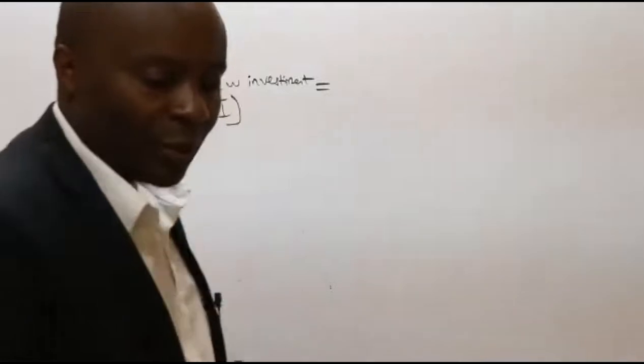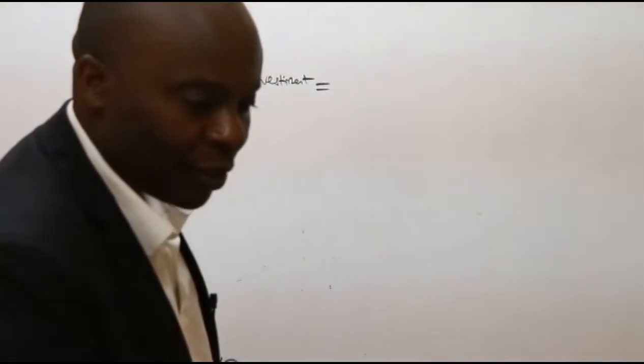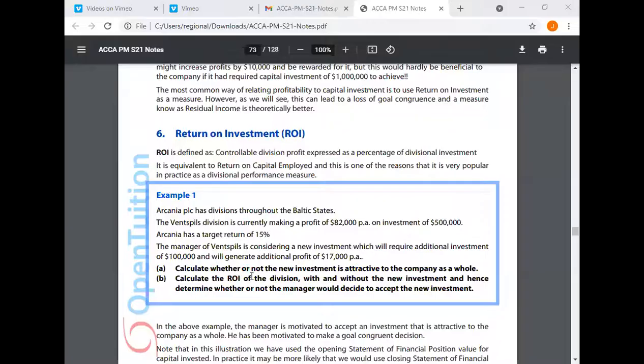If you look at the question very well, they've told us to calculate the ROI of the division without the new investment. The Ventspils division is currently making a profit of 82,000 on an investment of 500,000. So straight away, the division's return on investment will be the current profit over the current investment.